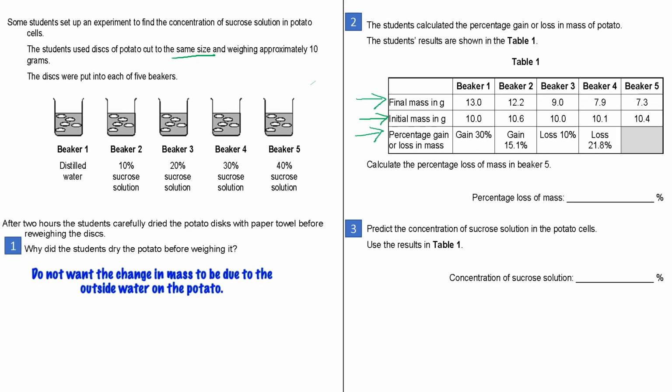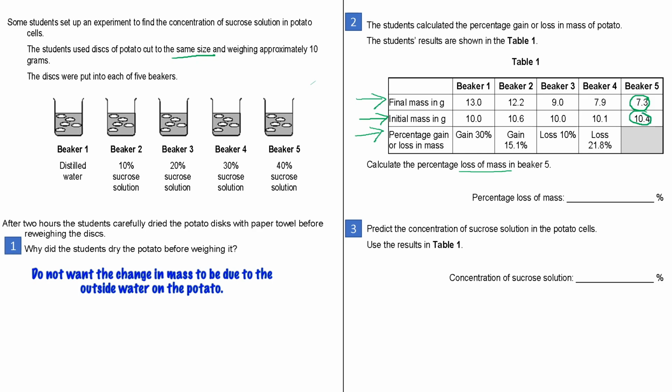So the first question we have is to work out the percentage loss in mass of beaker 5. First of all, we have to work out the change in mass. We can clearly see that the final mass is less than the initial mass, so we know it's going to be a loss.